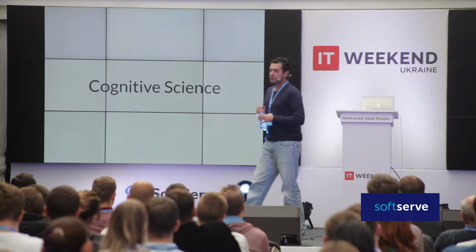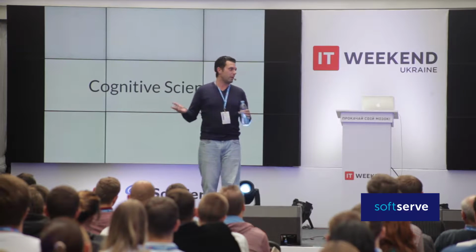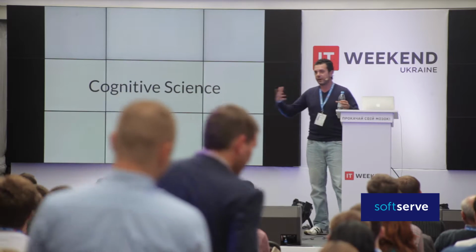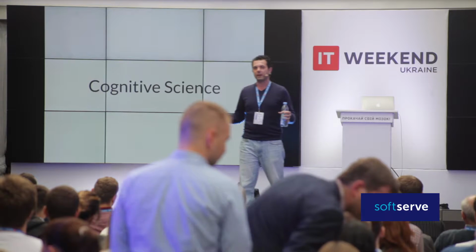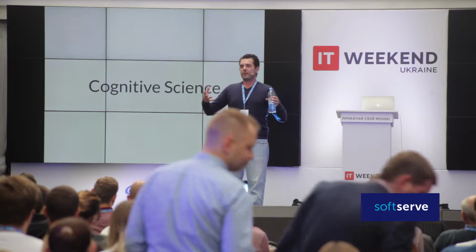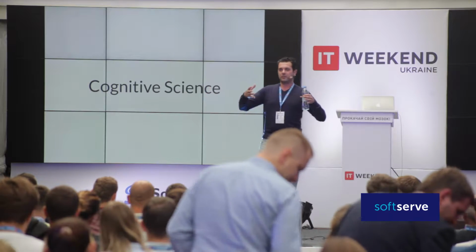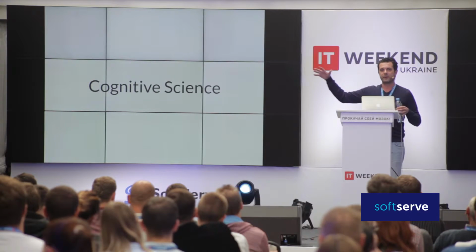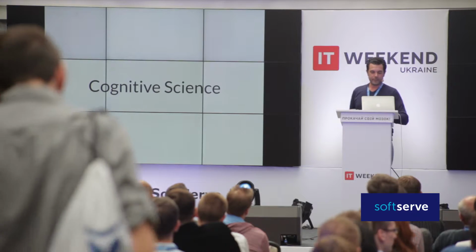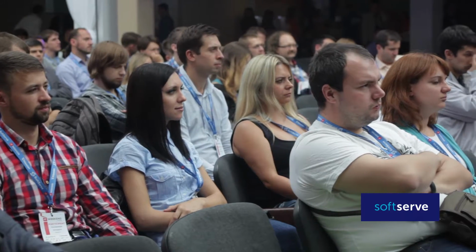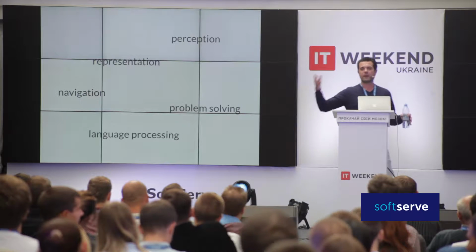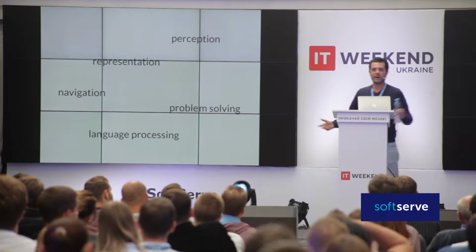A third approach is the one I call cognitive science. So in general, we as human beings have some features that are shared across cultures and religions and so on. It's complicated. Perception, representation, navigation, problem solving, language parsing, language processing.